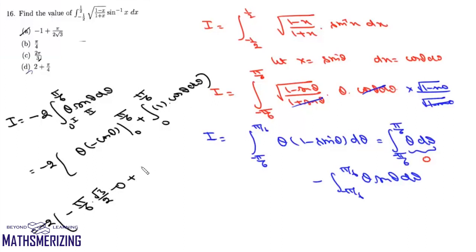Now sine pi by 6 is 1 by 2. So this value will be root 3 pi upon 6 minus 1. So it will be minus 1, and then if we cancel this root 3, it will be pi upon 2 root 3, and that's your option number A.